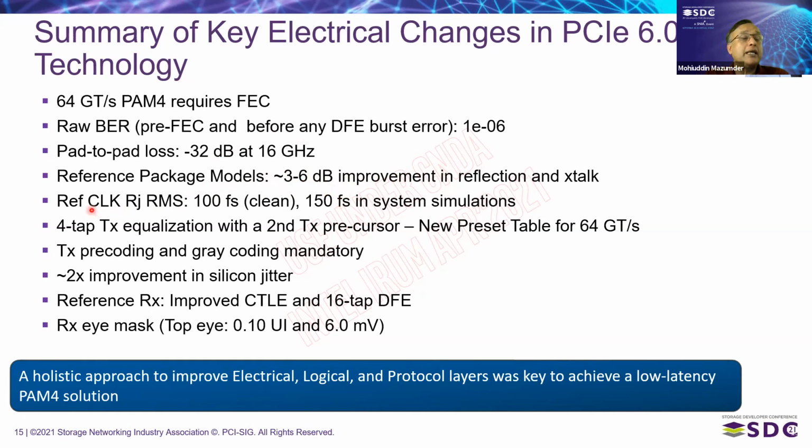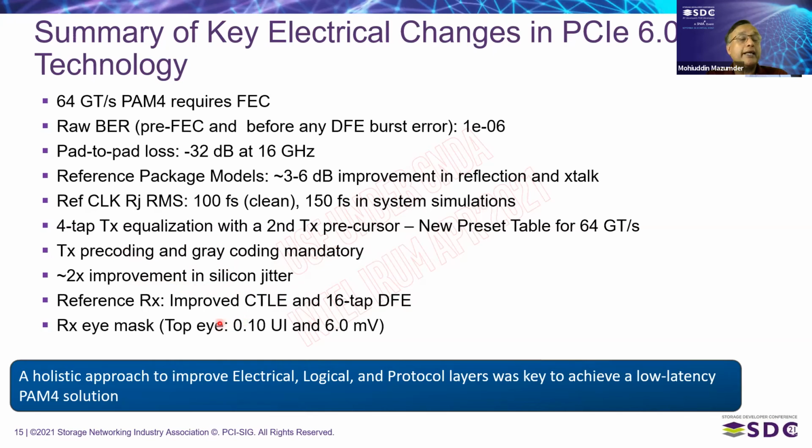Clock quality has significantly improved. Random jitter is now 100 femtoseconds. The TX equalization has been revamped with a second TX precursor, and a new preset table has been defined at 64 gigatransfers per second. We have made TX pre-coding and gray coding mandatory. Improvement in silicon jitter is about 2x. The receiver has been improved with an improved CTLE and 16-tap DFE.